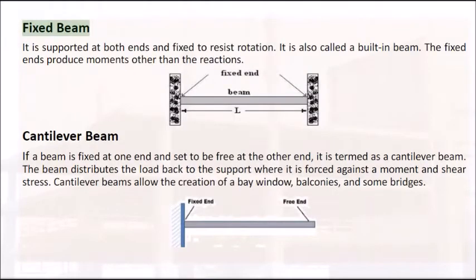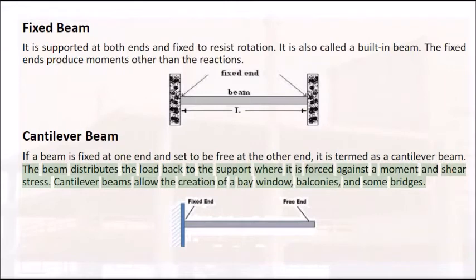Fixed beam. It is supported at both ends and fixed to resist rotation. It is also called a built-in beam. The fixed ends produce moments other than the reactions. Cantilever beam. If a beam is fixed at one end and free at the other end, it is termed a cantilever beam.